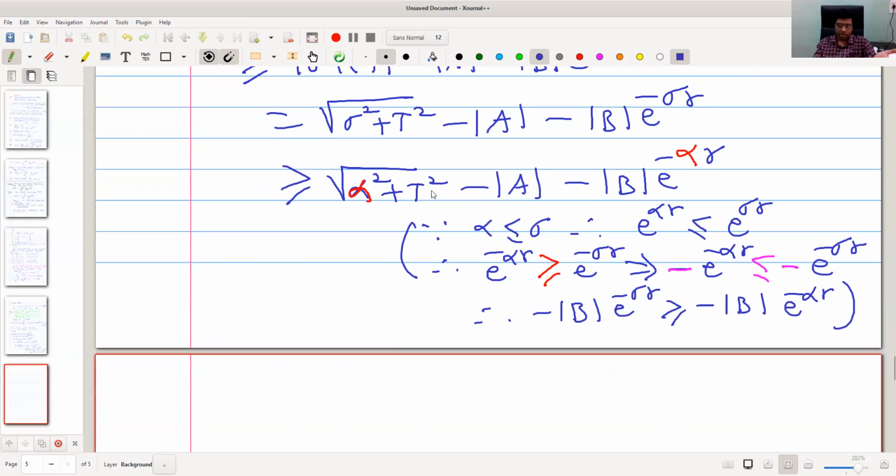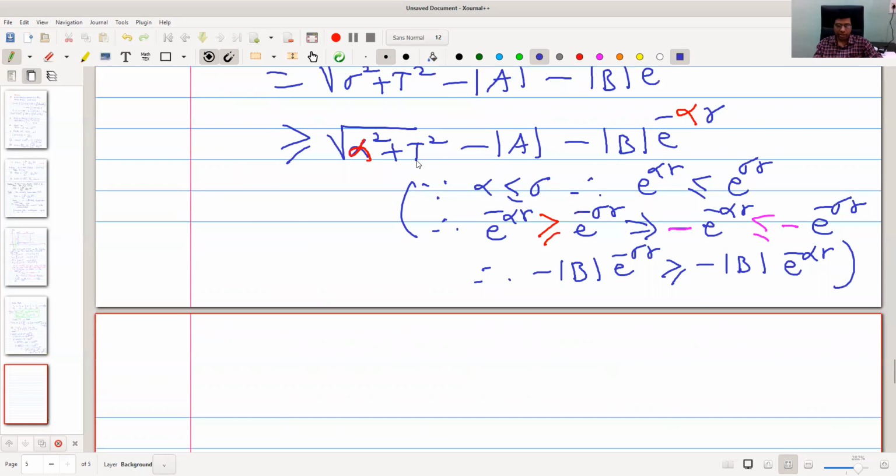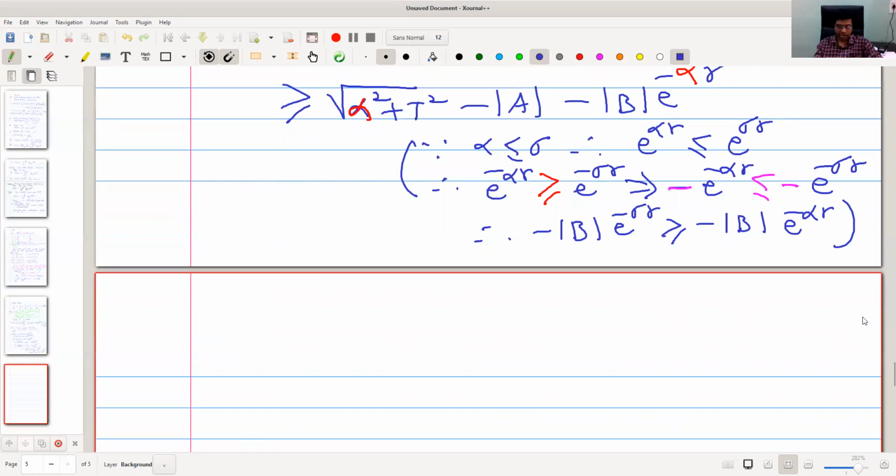Now what is this right hand side? We simplify the right hand side. We take t common from the right hand side.